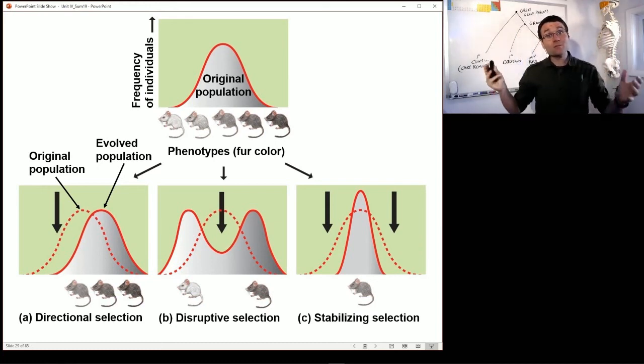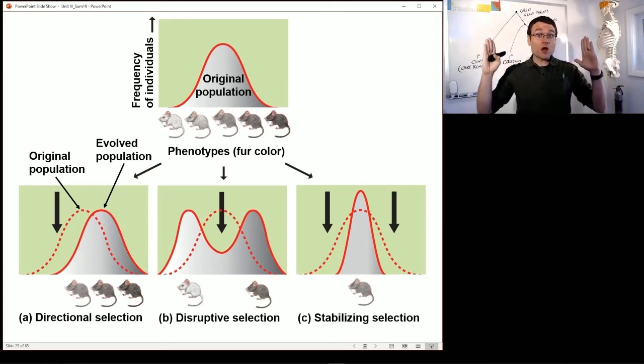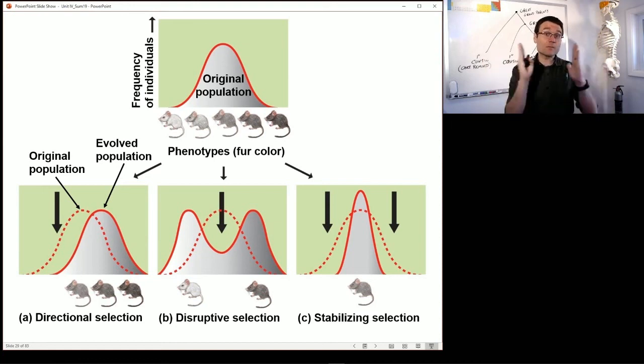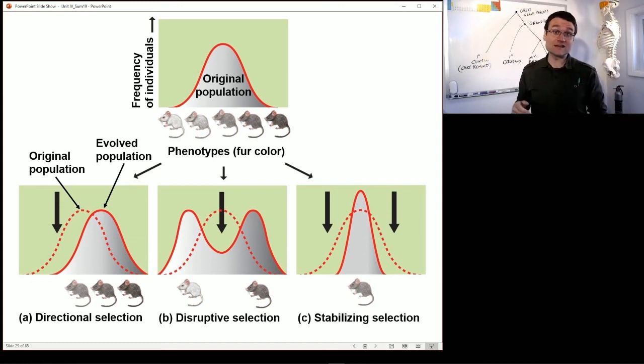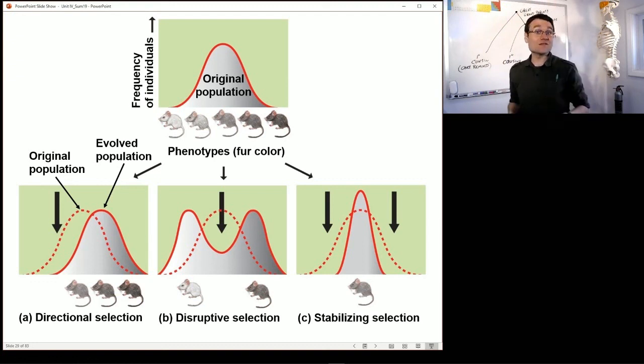Those extreme ends of the phenotype curve are going to be eliminated. They're going to be pecked off by predators, while it is the intermediate phenotype that is going to be successful in this case, and that's stabilizing selection. We're stabilizing around the Goldilocks average, the perfect intermediate there in the center.